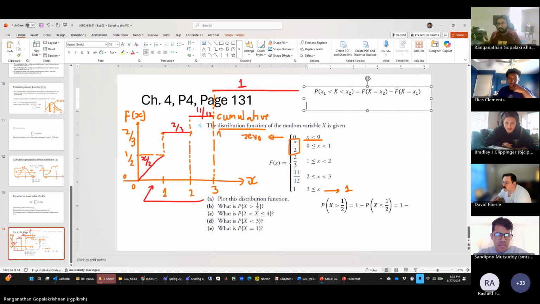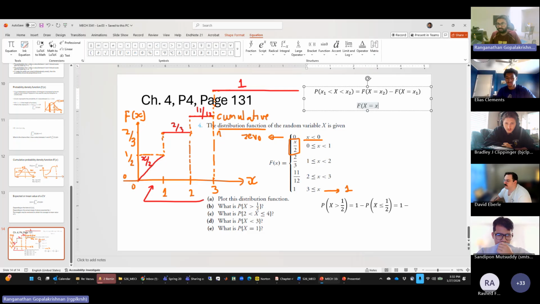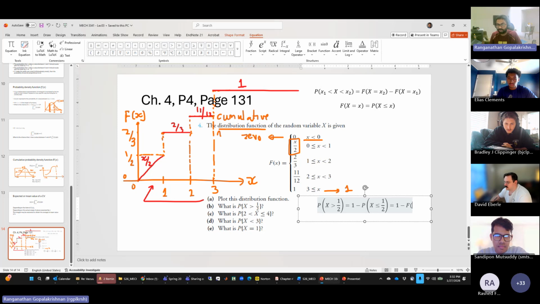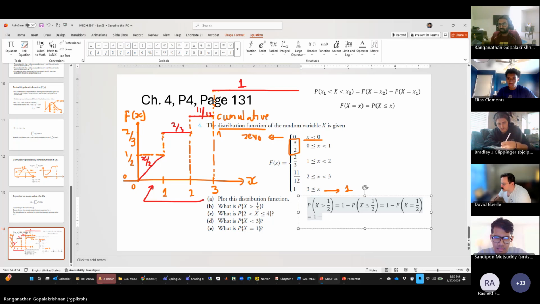What is f of x equals x? That is the probability of x less than or equal to x. So this is nothing but 1 minus f of x at x equal to half, which is 1 minus... what should I write?